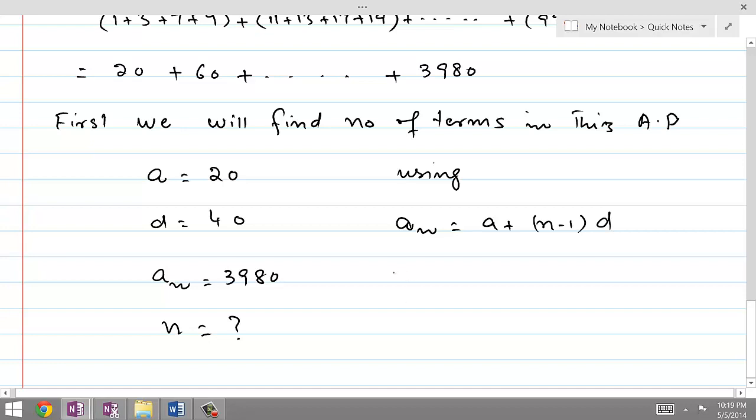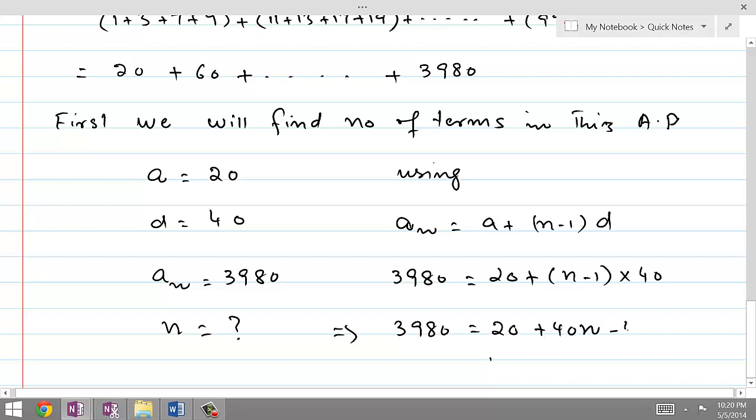So 3980 is equal to 20 plus n minus 1, and d is 40 here. This means 3980 is equal to 20 plus 40n minus 40.